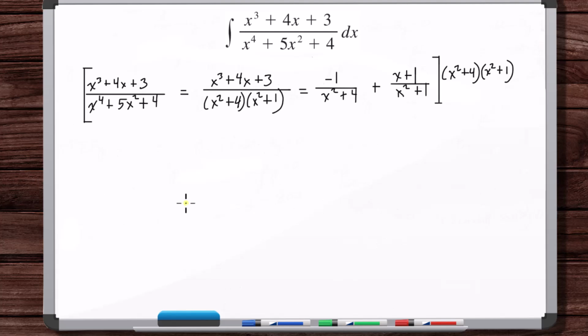Okay. So we've got minus, and then plus, and then we can go ahead and separate this, x squared plus 1.